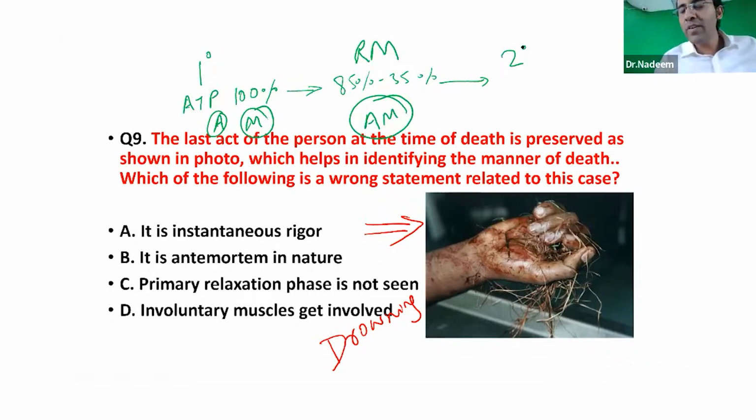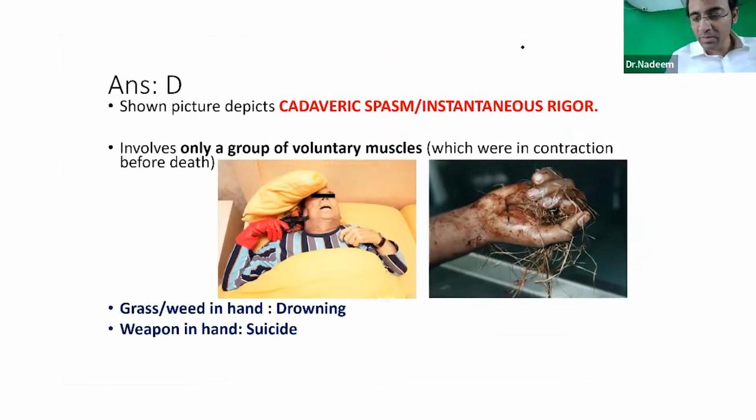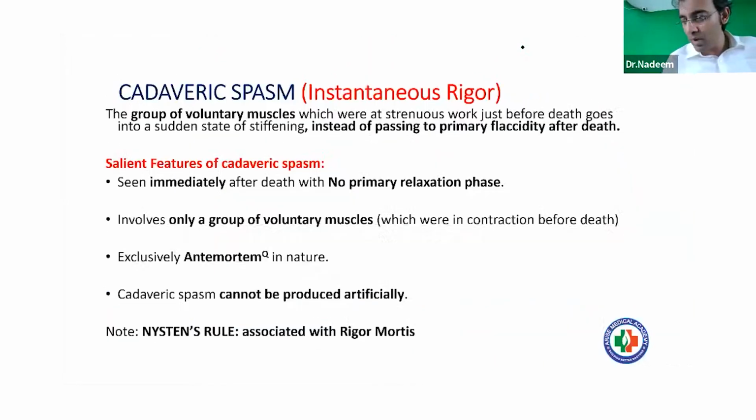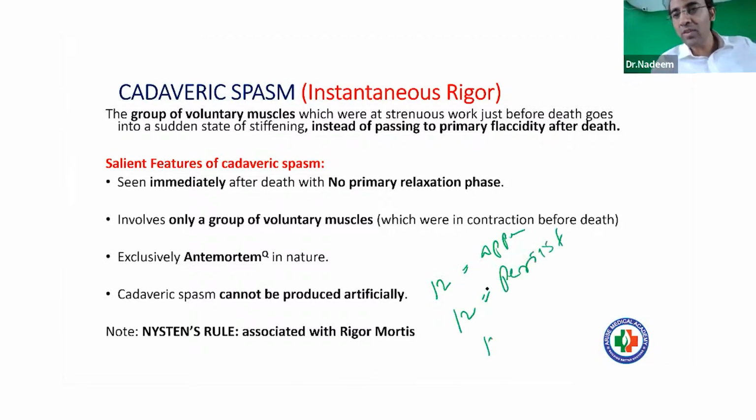See, there is a rule of 12. It takes approximately 12 hours to appear. After that, it takes approximately 12 hours to persist. And then it will take 12 hours to disappear.